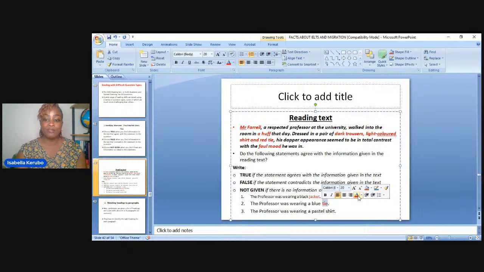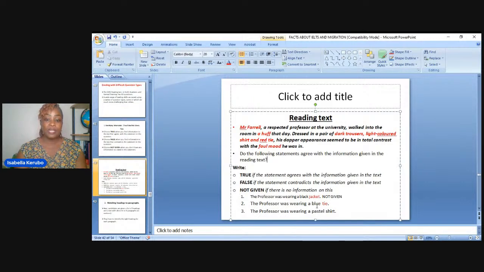So we are looking for information about the tie, and in the text we are told he was wearing a red tie, not a blue tie. So just like I said, when the information you're looking for is there, yes, we have that information, but it contradicts what is given in the text.